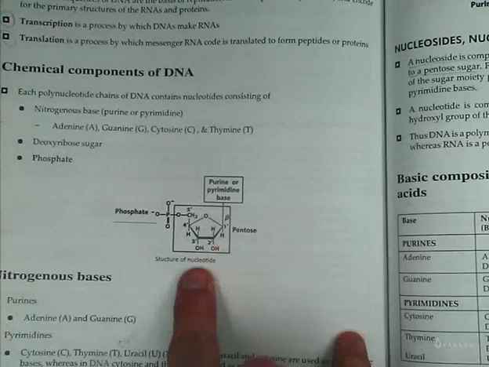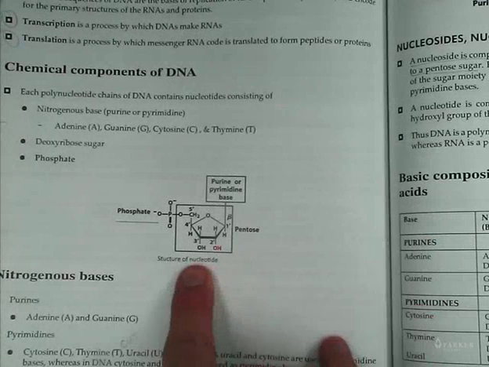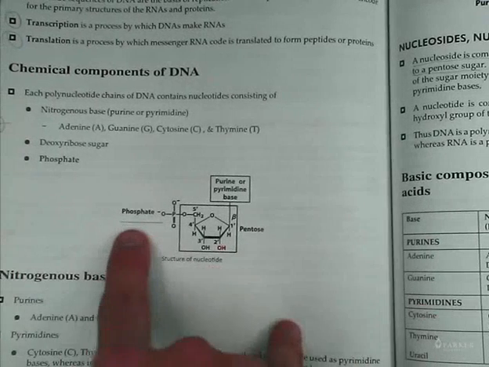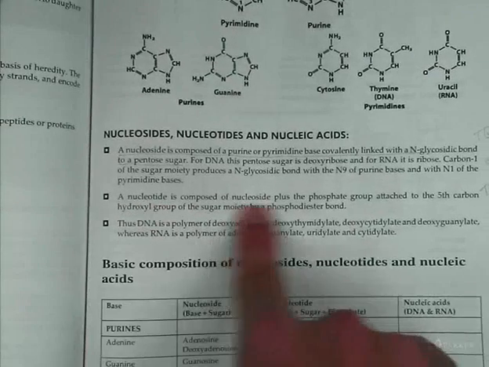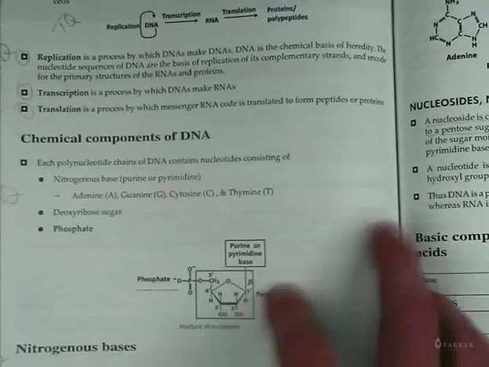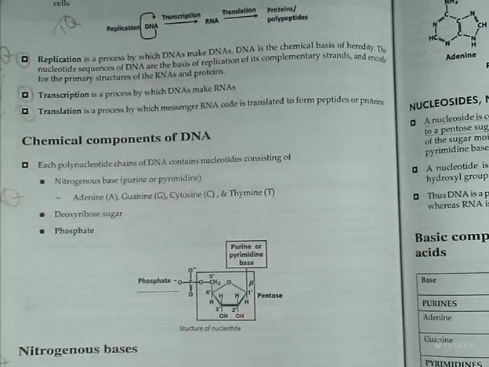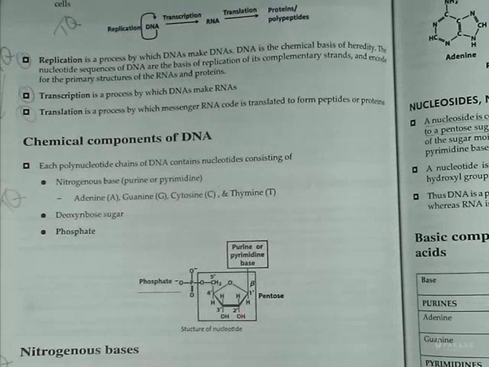So going back over here, it's just the base with the sugar. The nucleoside does not have the phosphate group on it. The nucleotide is that nucleoside plus the phosphate group. So really, nucleotide has all three things. Nucleoside, subtract the phosphate.